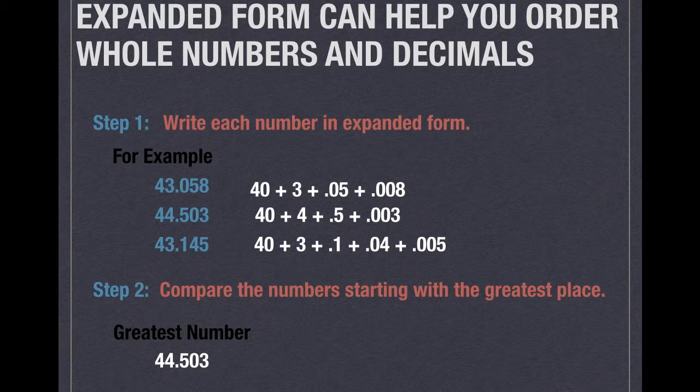It's its placeholder. 0 is smaller than 1. So 43 and 145 thousandths would be the next greatest number, because that 1 tenth is greater than that 0 in the tenths place. The smallest number that we're comparing here is that last one, 43 and 58 thousandths.